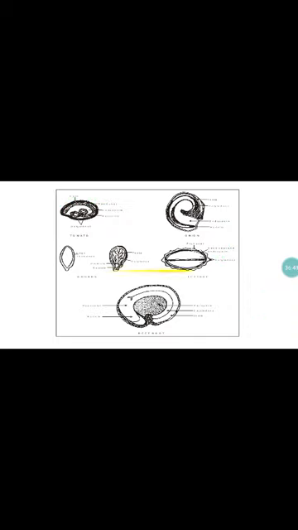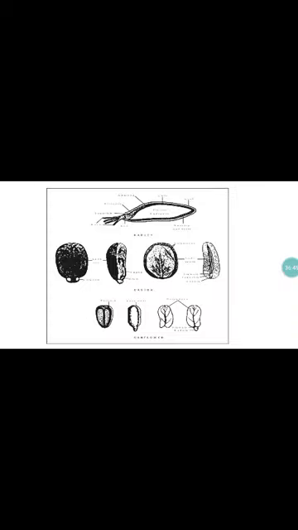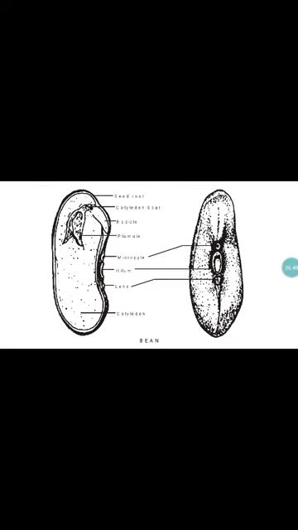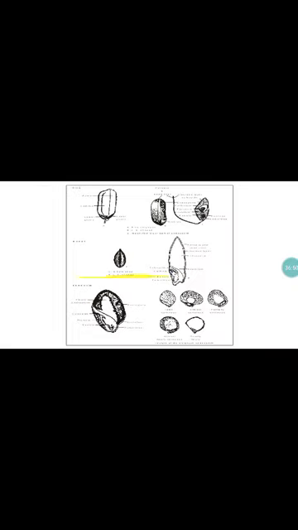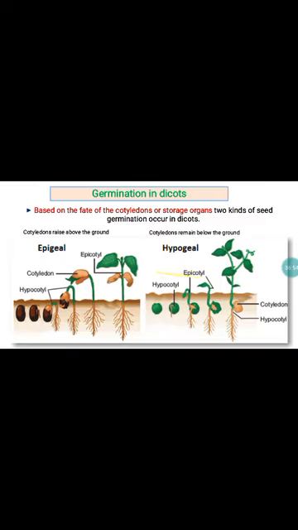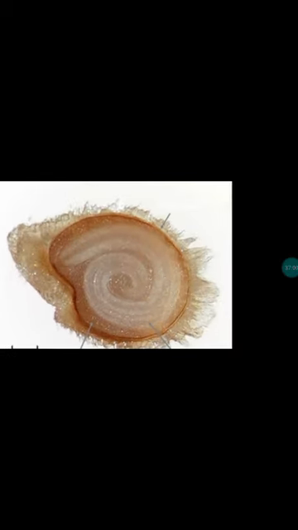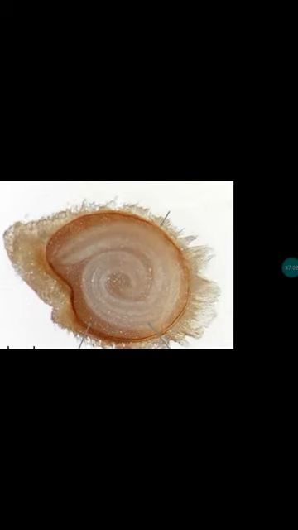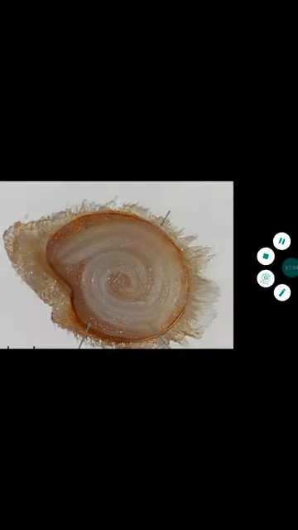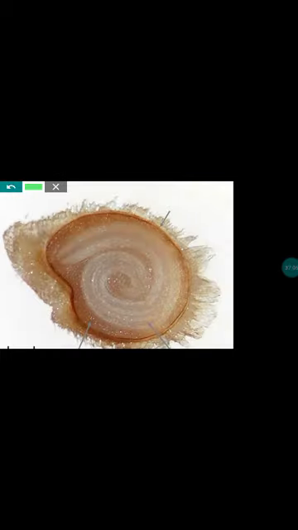Actually I have incorporated the diagram in the previous slides. Wait a minute, I can go back to that. I have incorporated the original structure of the seed that has hairiness. Here you can see the original structure of tomato seeds. On the inner side you can see the curved embryo, curved cotyledons.